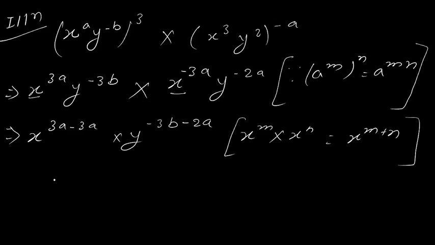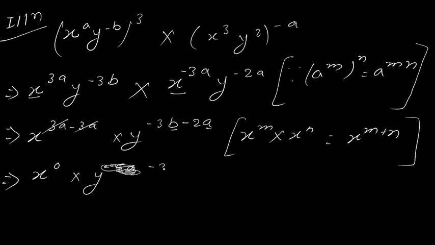Okay, sir. Now see here, plus minus gone, so x to the power 0 multiplied by y to the power minus 3b and minus 2a. So how much will it be? Minus 5a, right? Isn't it? Sorry, this is b and this is a, so how will you add it?